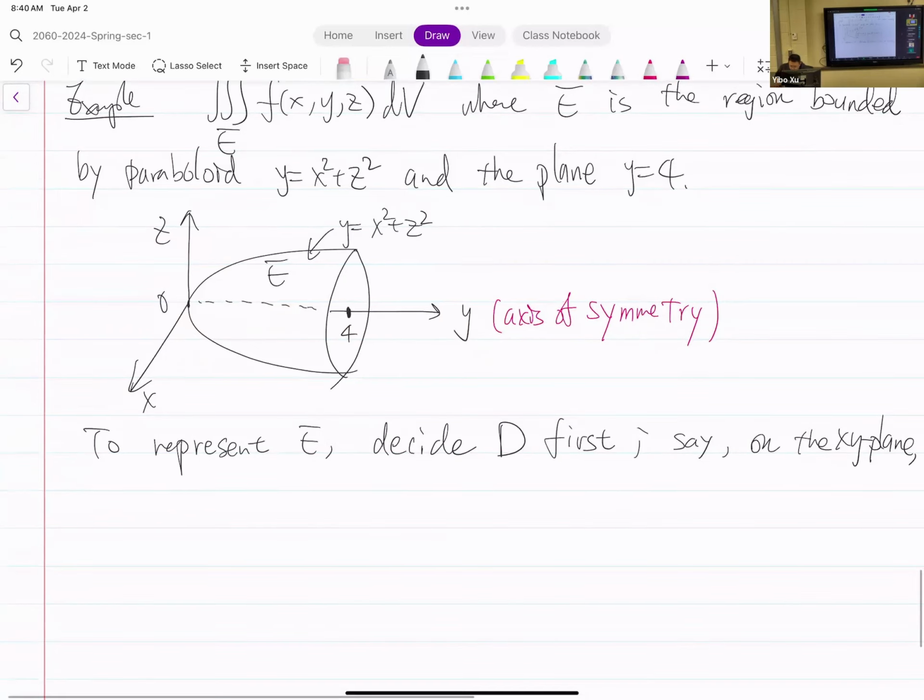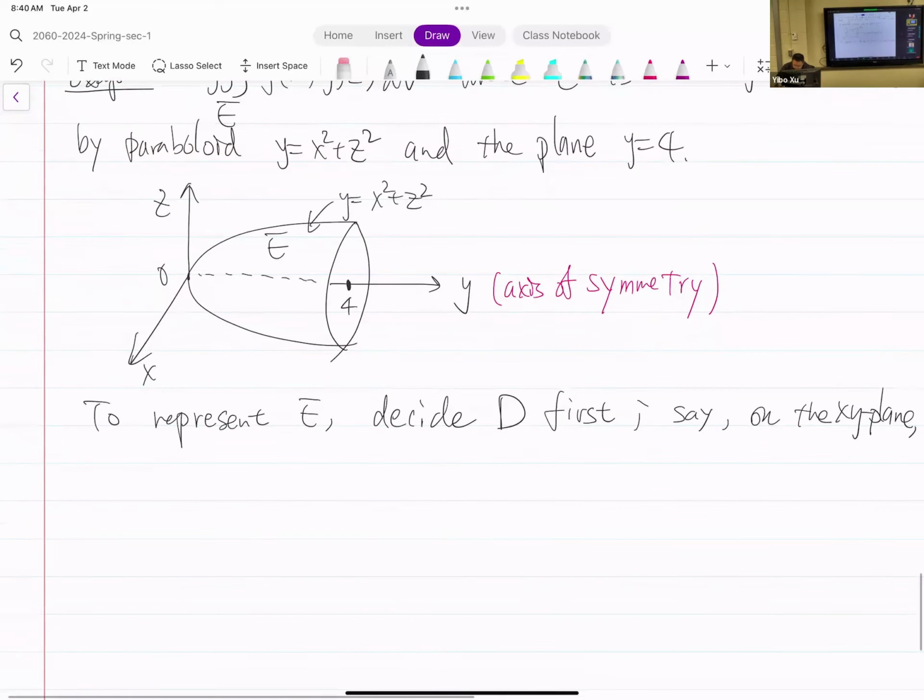And as we mentioned, the XY plane cuts through this solid, right? So we quickly establish that axis again. Okay, so basically we are looking at the cross section.